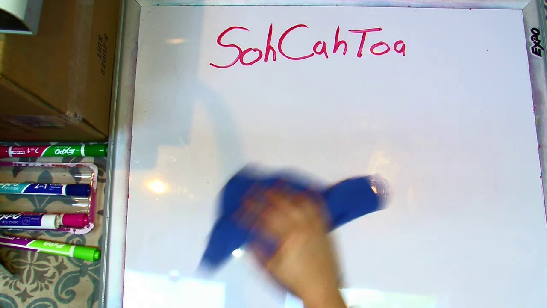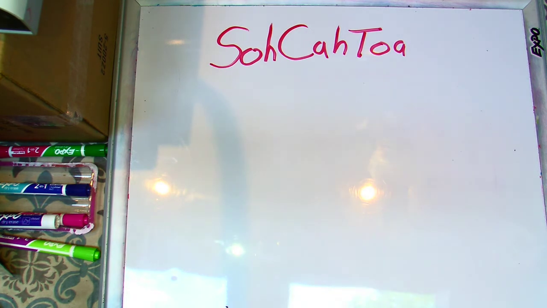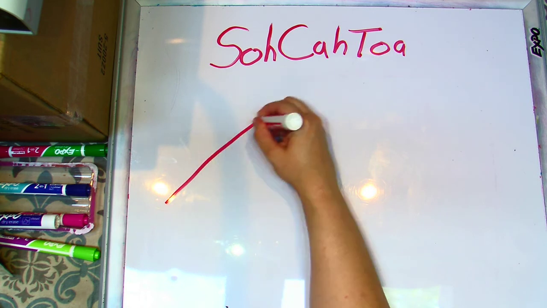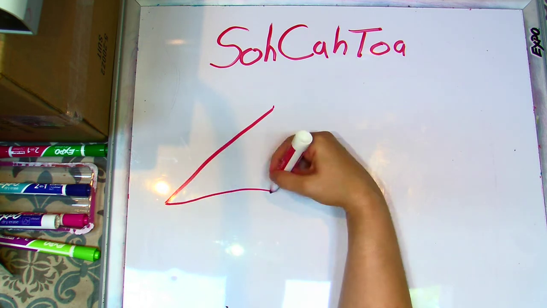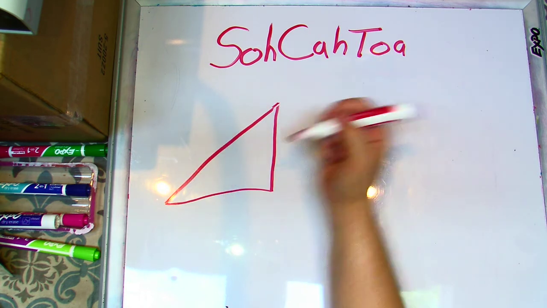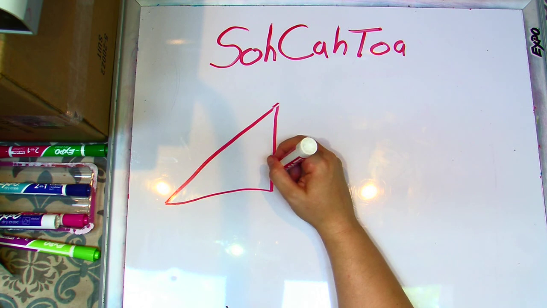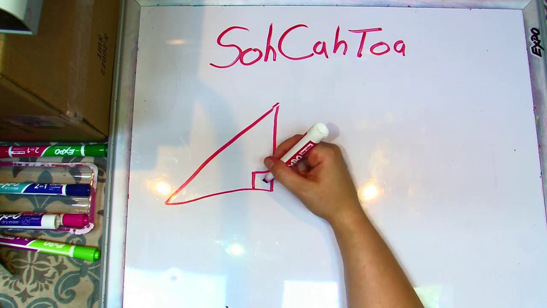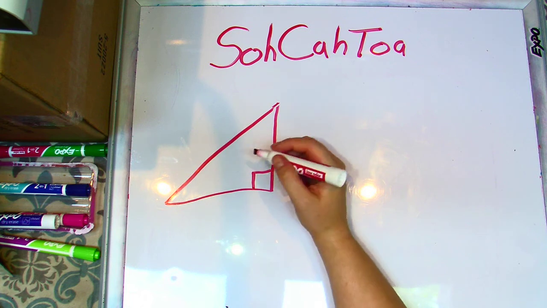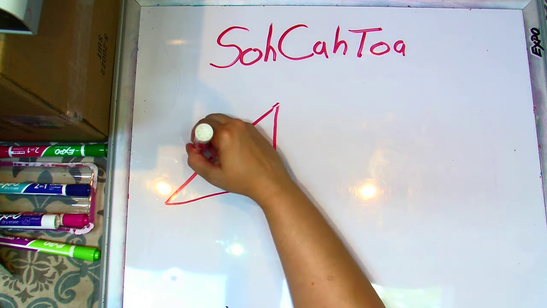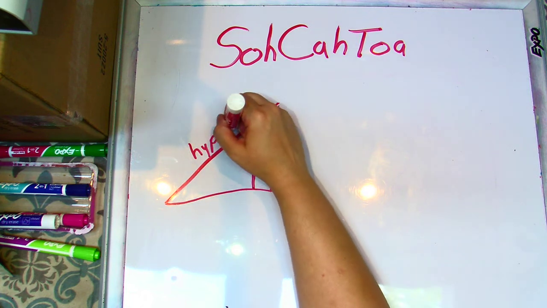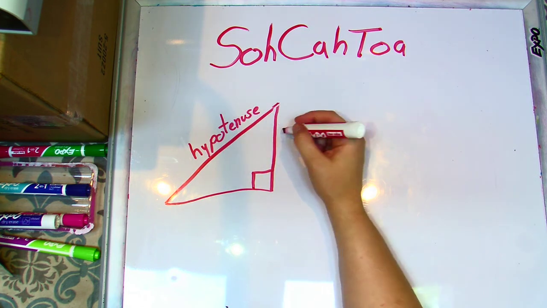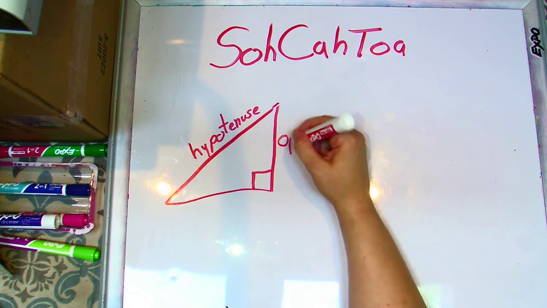Now let's go back to the trig and talk about what this means, how it works, and how it relates. I'm going to draw this nice right triangle, more or less. You might remember that a right triangle, I know mine is not perfect, but let's pretend, has a 90-degree angle. Now this is a hypotenuse. This would be considered the opposite side.